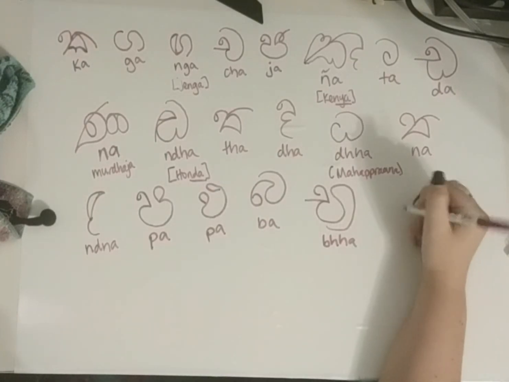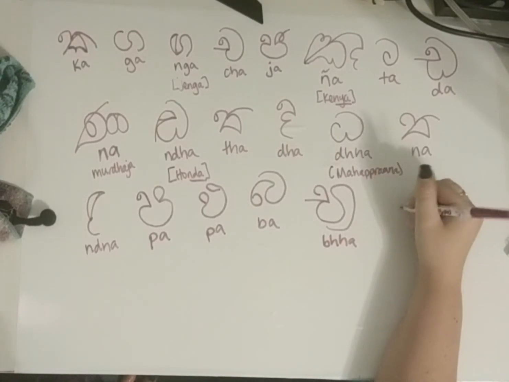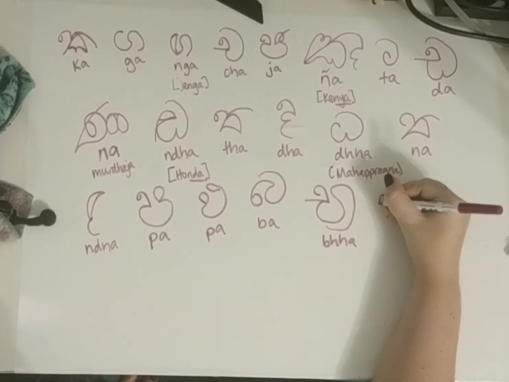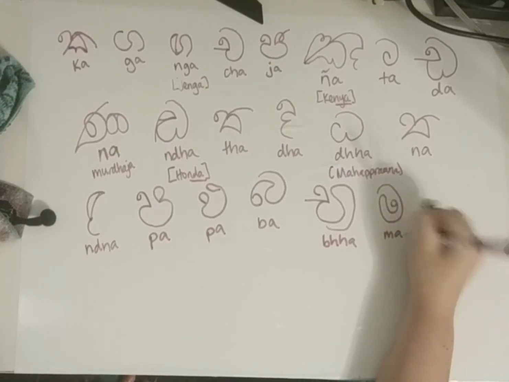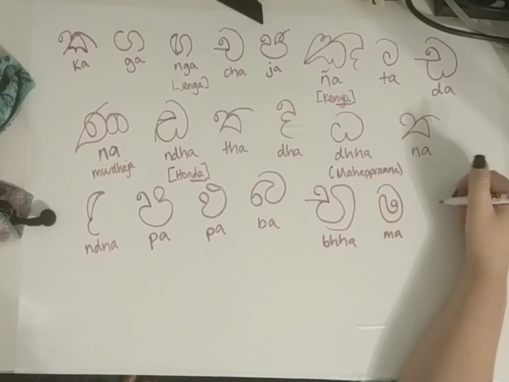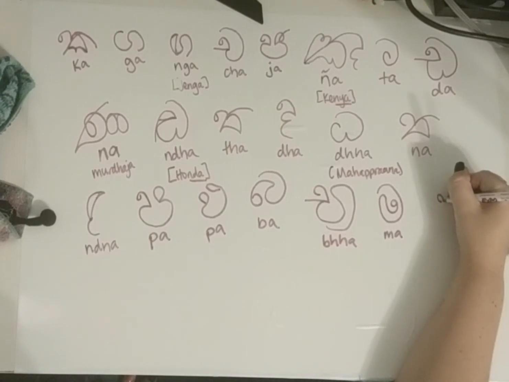All right, let's do some M's. Okay, make sure that car's not too loud. Okay, it was pretty loud. So this is ma, and there's a Sanaka version of ma, interestingly enough. It's really fun.